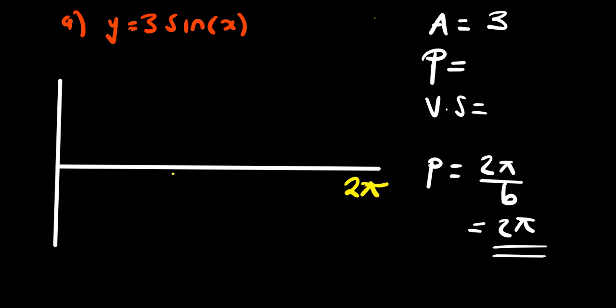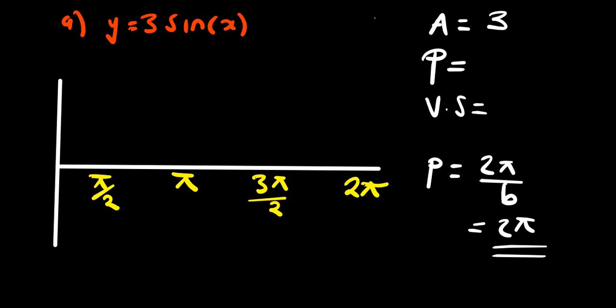Between 0 and pi, you're going to have pi over 2. Between pi and 2 pi, you add pi plus 2 pi and divide by 2, or just multiply pi over 2 by 3. So it's going to be 3 pi over 2.